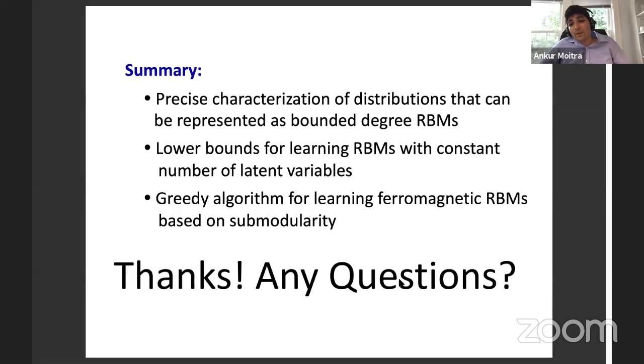Or what happens if you put some combinatorial structure on the RBM, like maybe it's an expander, and you can't have 2 to the D things magically canceling each other because they all have their edges into a size D set. So all of these things I think are fair game. It's just that we have to be cognizant and avoid the fact that we can't learn these things in general. There are genuine hard cases, but now I think the game is to identify interesting classes that you can learn.